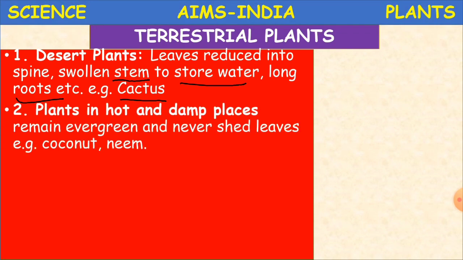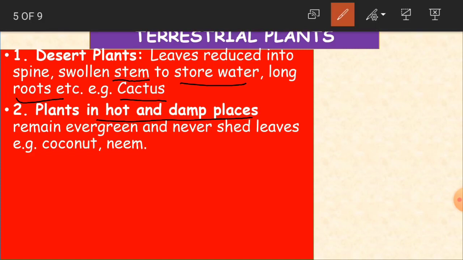And the next one is plants in hot and damp places. Hot and damp areas are, for example, coastal areas. They remain evergreen and never shed leaves. Why do we say evergreen? In the sense that they do not shed their leaves.